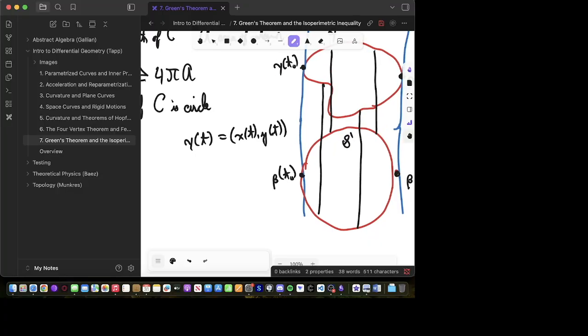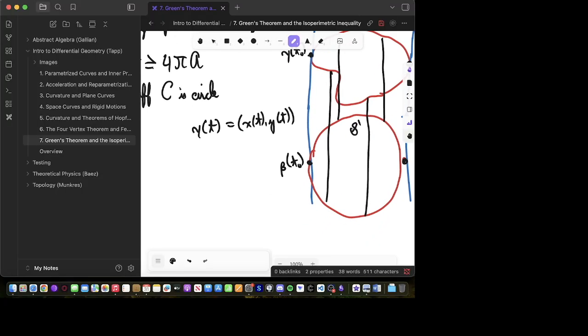So what we do is we're going to say beta of t equals x of t, y tilde of t, where y tilde of t equals positive or negative square root of r squared minus x of t squared.